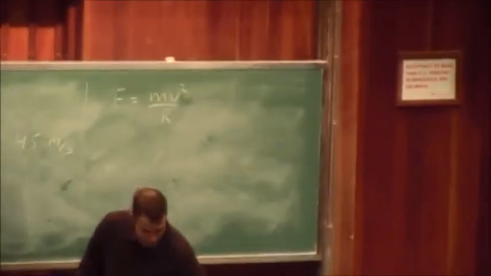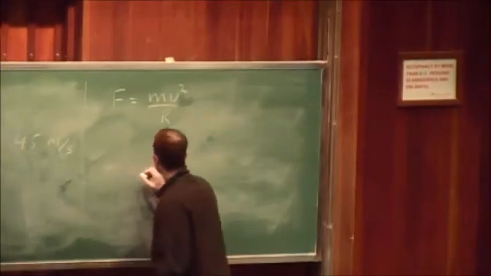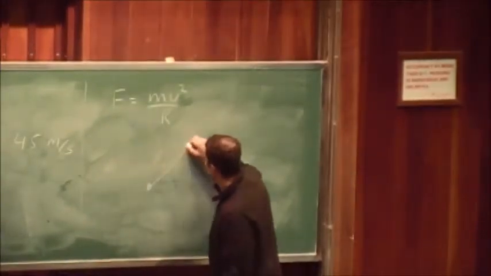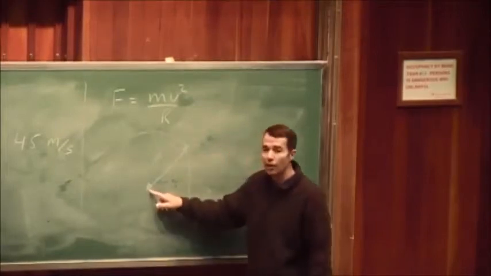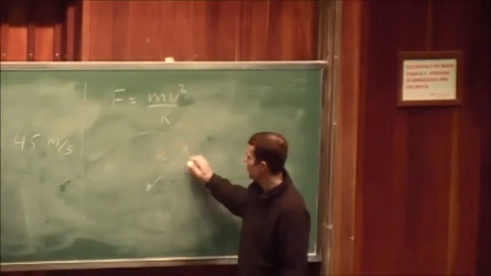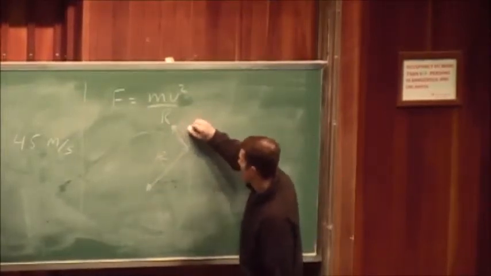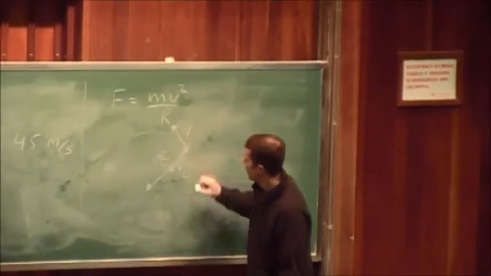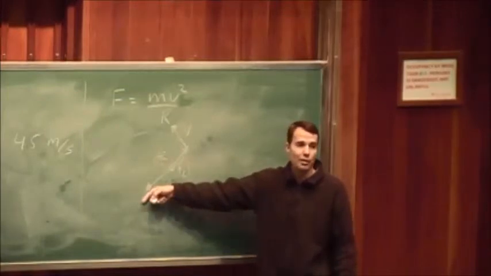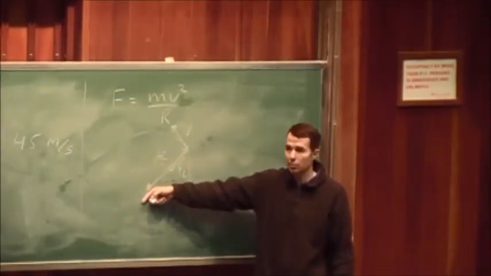Now, what we talked about when we were talking about circular motion is that we have a radius vector that points out, we have a tangential velocity, and then we have a force. We'll just call it the centripetal force, which is always pointing towards the center for uniform circular motion.